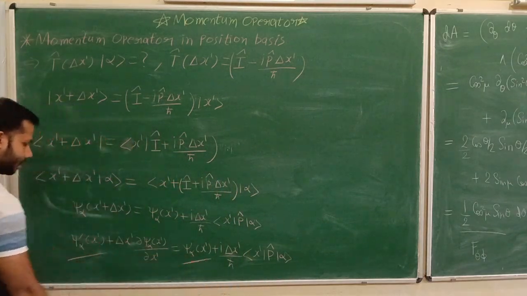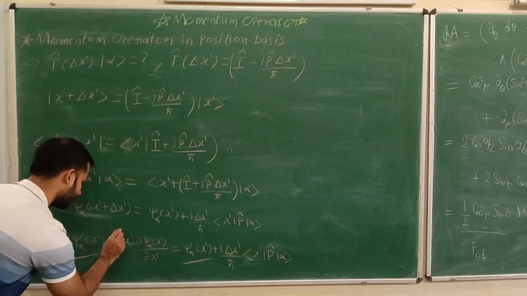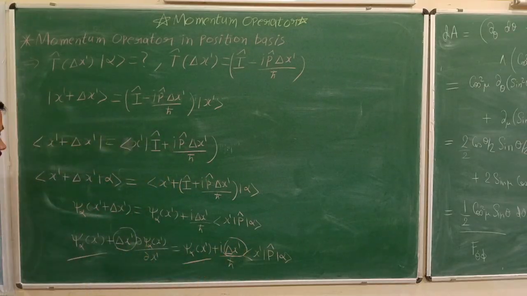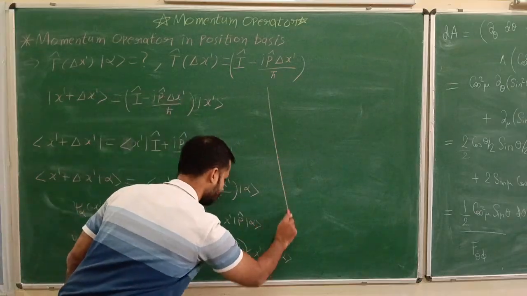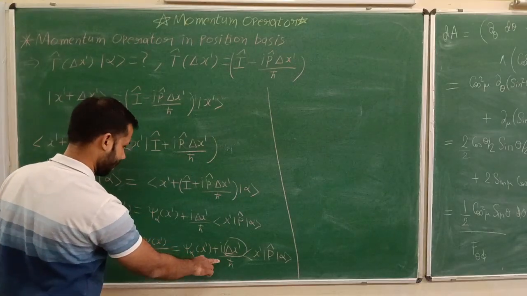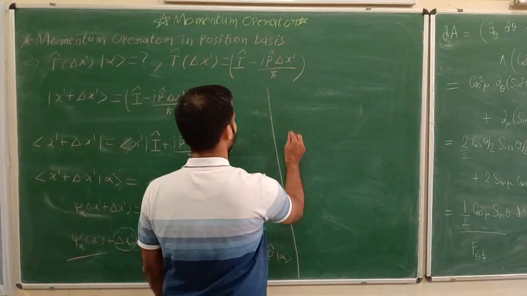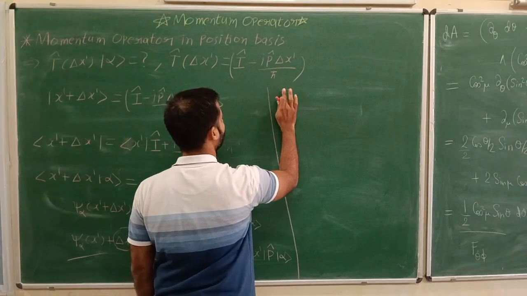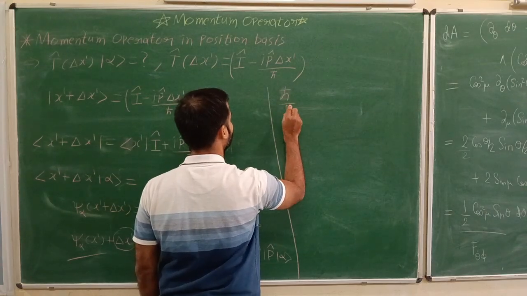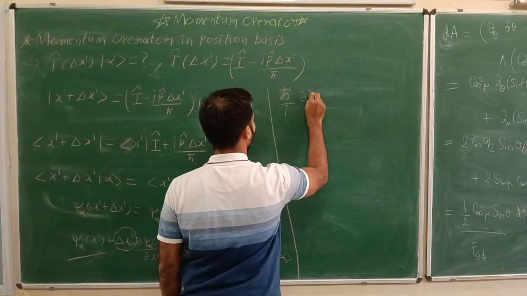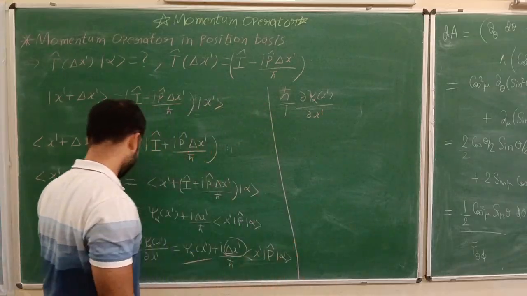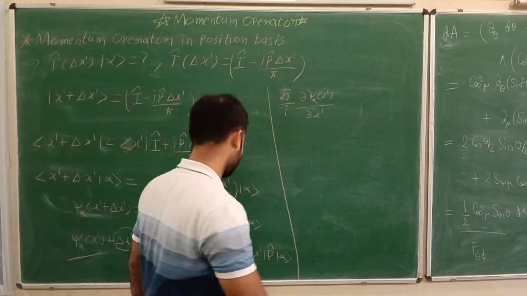This both will cancel. Here cancels. So what will be the remaining part? I'm going to transfer this h bar and i on this side. So what will I have? Times this.